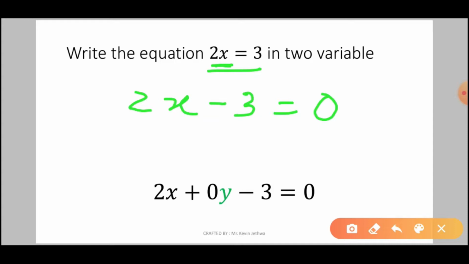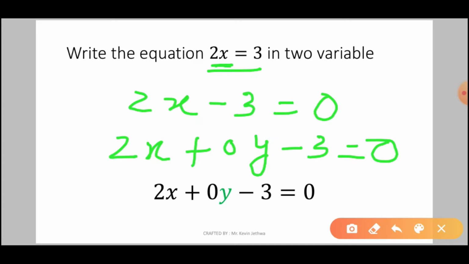Still it is one variable, so what we have to do is simply add 0y so that the equation becomes a linear equation in two variables. Adding 0y will not change the equation, because 0 into y will be equal to 0. So we have not changed the equation.